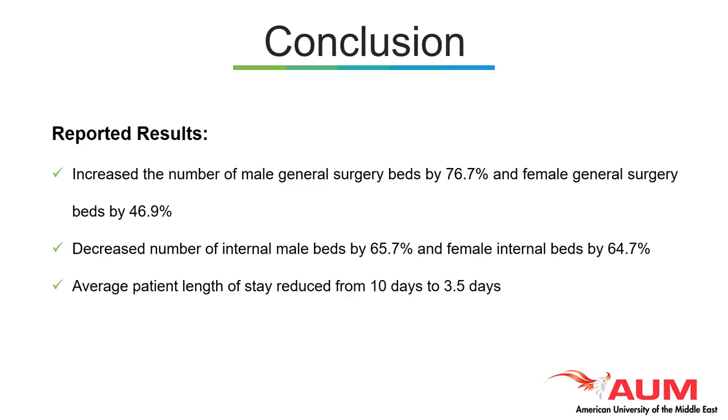Not only that, average patient length of stay reduced from 10 days to 3.5 days, and total number of beds in the hospital reduced from 336 to 287, which is a 17% decrease. The hospital has great challenges and great opportunities, and implementing this solution will surely meet high and worthy outcomes, where they expect that the implementation of this plan will result in superior healthcare delivery system.